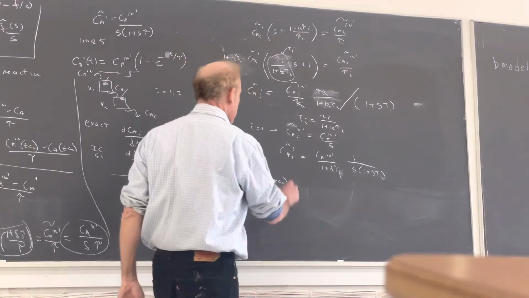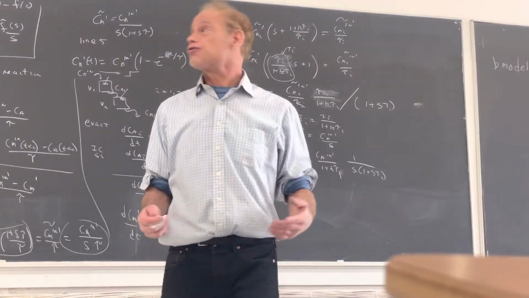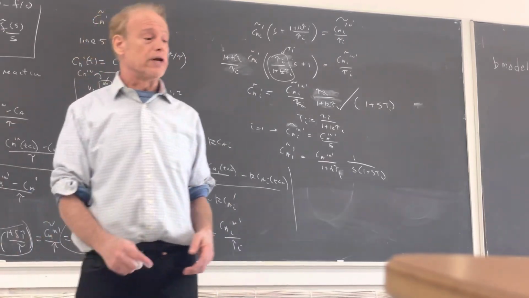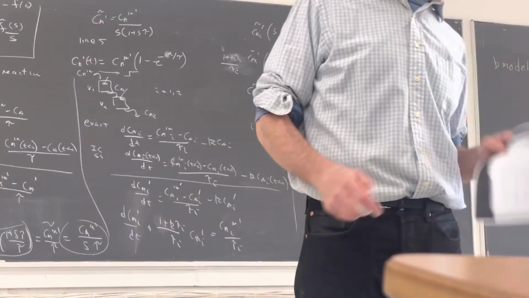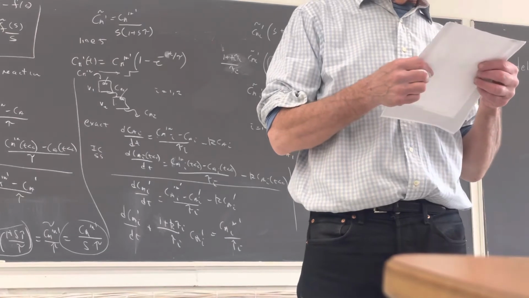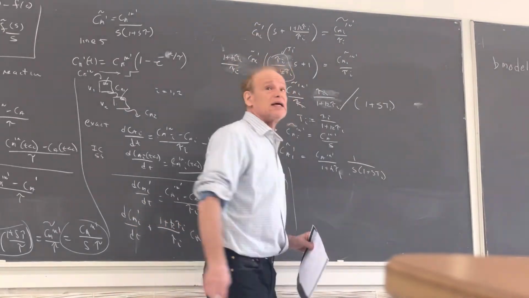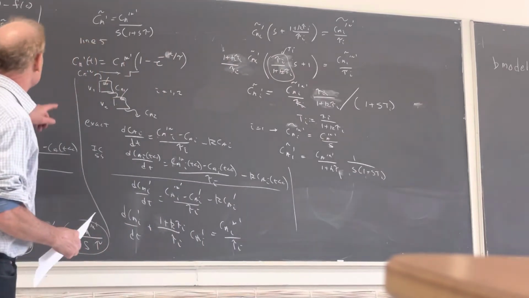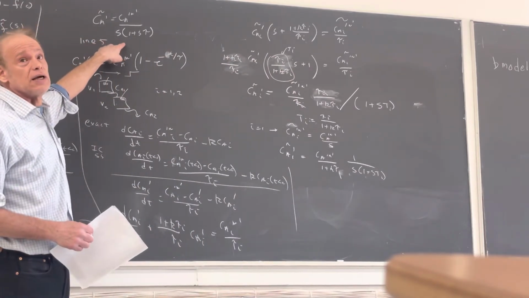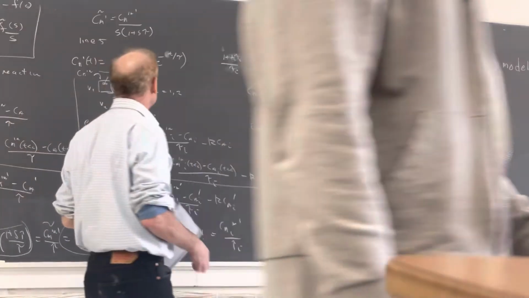Okay, so now, no big surprise, the first reactor behaves just like this one. That is, I go back to line 5 of the table, and I notice that I'm looking for 1 over s times 1 plus s t, which is exactly what I was looking for over here, but instead of tau, I have t. So I have the same result.